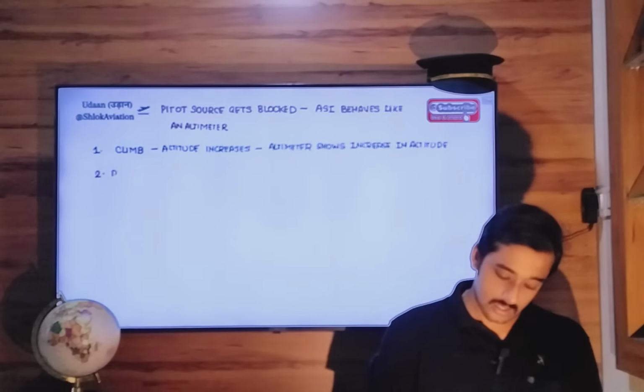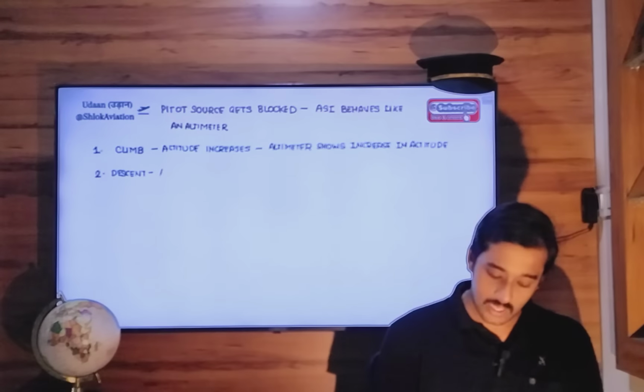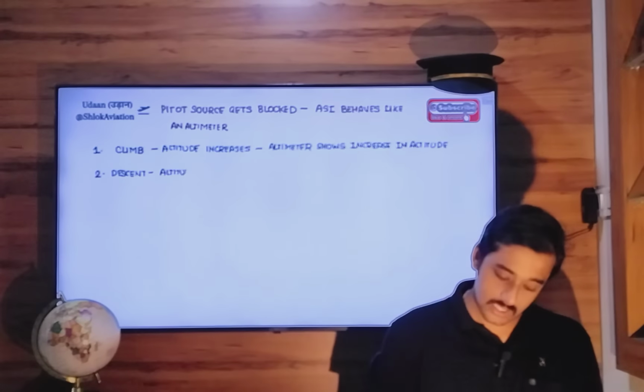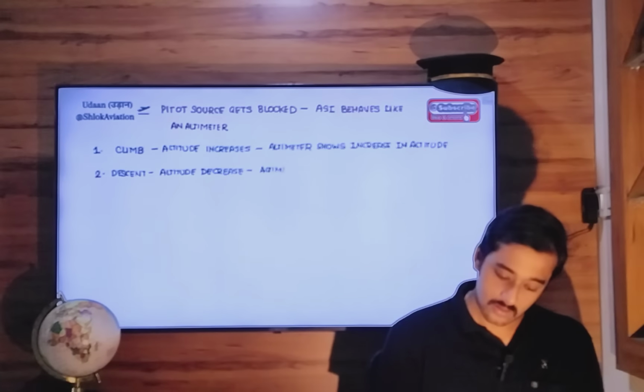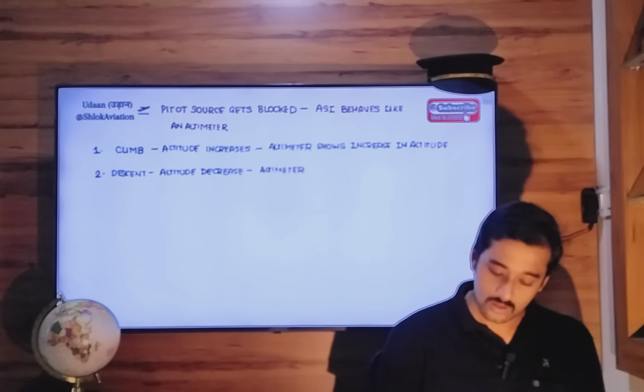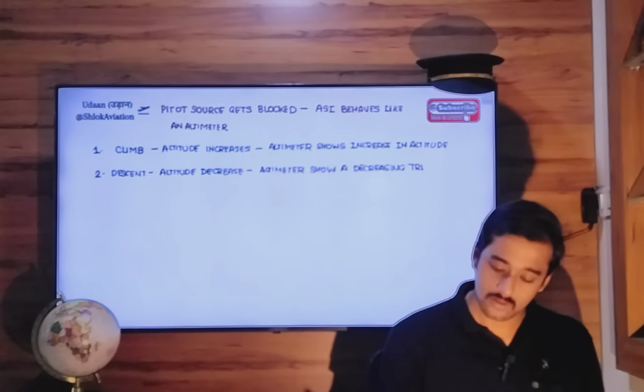Whenever you descend, altitude of your aircraft will decrease, and your altimeter will show a decreasing trend in altitude.